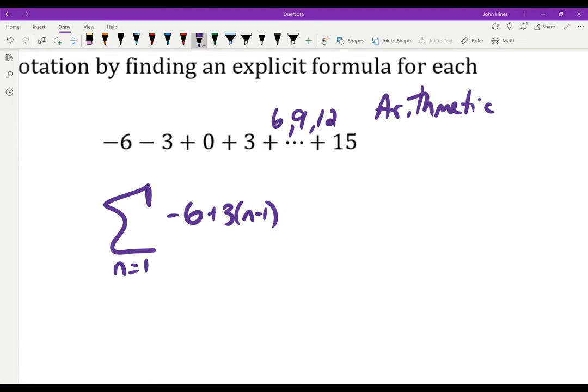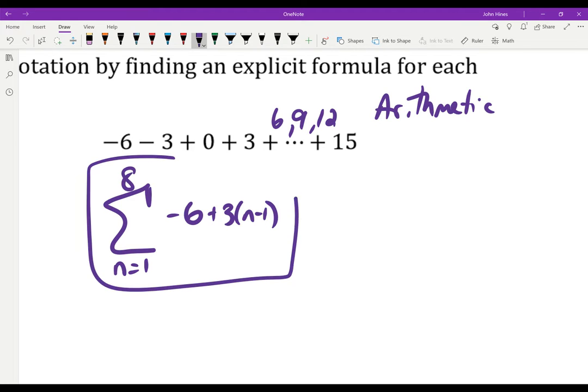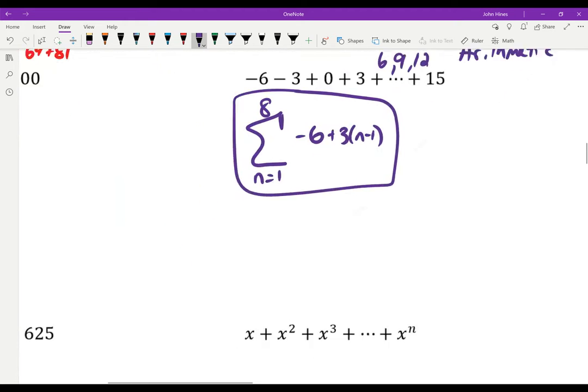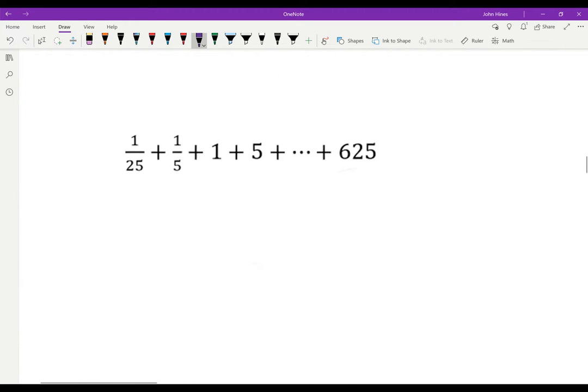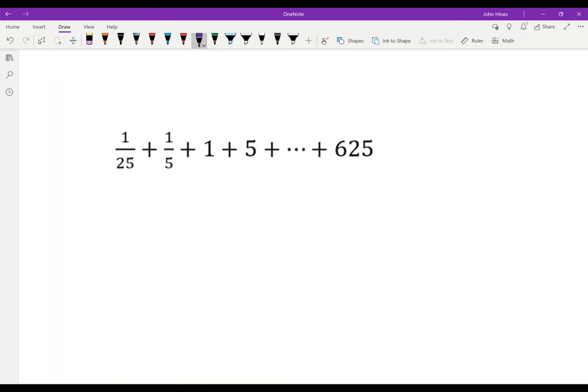We're starting with the first term. First, second, third, fourth, fifth, sixth, seventh, eighth, and we're stopping at the 8th term. That's how I can represent that series using sigma notation there. Start at -6, keep adding 3, n minus 1 times. So noticing if it's arithmetic or geometric is extremely helpful here.